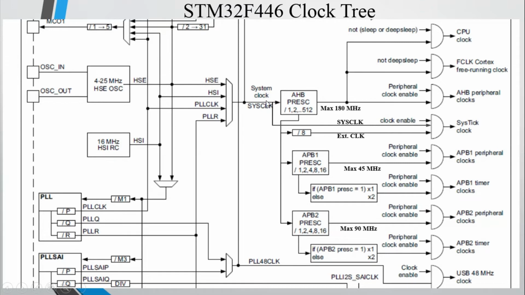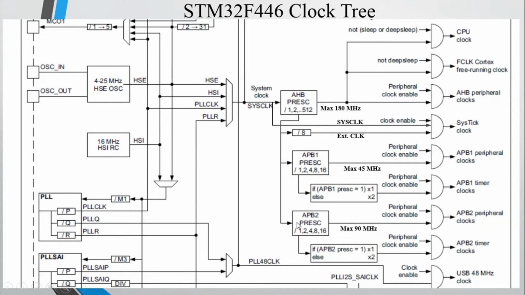So this is known as the system clock. From the system clock, it is again converted to AHB and APB. When we covered LPC 2148, I told you about the same AHB and APB. AHB stands for Advanced High Performance Bus.